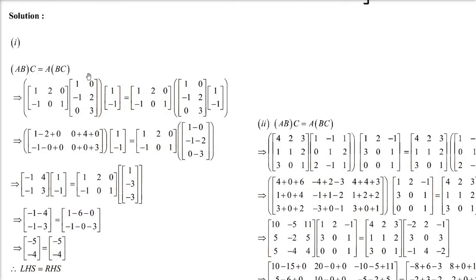So first we are doing AB, then multiply it with C. Second we multiply BC and then we multiply it with A. And as I just suggested, the result won't change here. It is called the associativity of matrix multiplication. AB and BA, if you multiply, they won't be able to give the equal answer. They are not equal. But when you are multiplying in series, you can take any order.